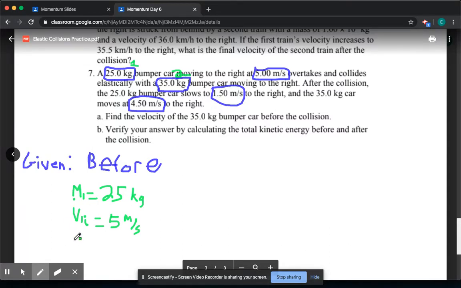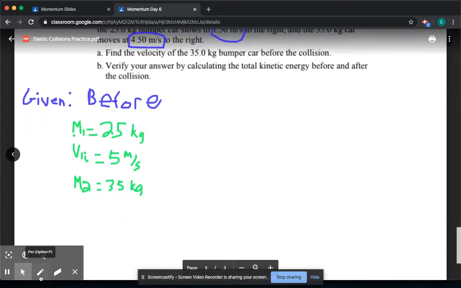And then we are told that M2, which is the second bumper car, is 35 kilograms. But we do not know its velocity before the collision.